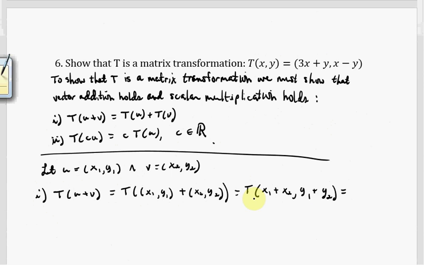Now, this is still in the domain. I haven't done anything but simplify what this statement of T of U plus V really is. So now T of this vector has to be represented by this formula.